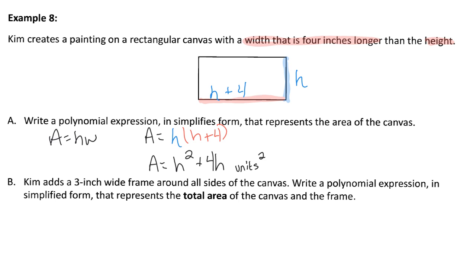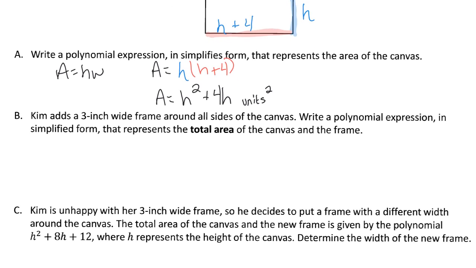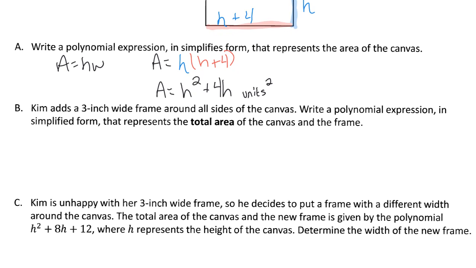Now B. Kim's adding a 3-inch wide frame to all sides of her canvas. So let's draw this out first. We had our original canvas here.